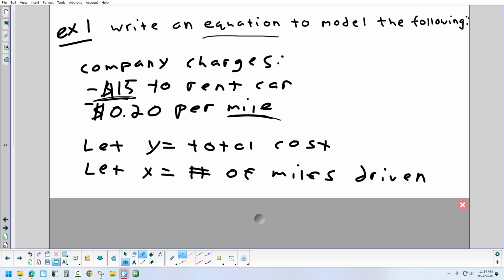If you walked into this car place and said, how much is it going to cost me to rent the car? The person would say, it depends. Depends on how many miles you drive it. So the cost is dependent on the mileage. Cost is dependent. It's the Y. Miles is independent. And there's other names if you've heard domain and range. We're going to use those terms a lot. But I just wanted to introduce independent and dependent.